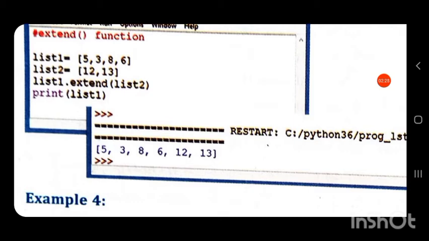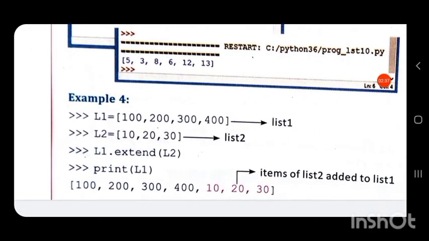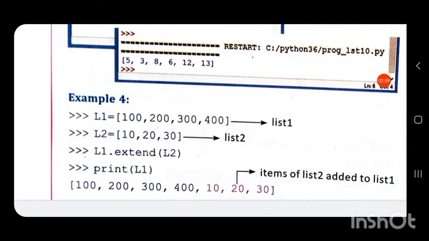You can see here 5, 3, 8, 6, and at the end of that 12 and 13 are added. Let us see another example. We have a list L1 equal to 100, 200, 300, 400 and another list L2 equal to 10, 20, 30. Now L1.extend(L2) will add the elements of list L2 at the end of list L1.